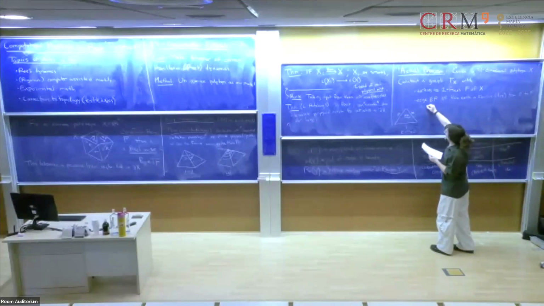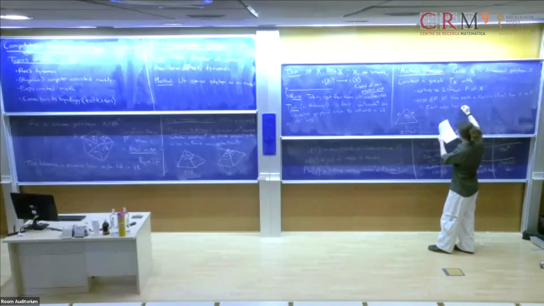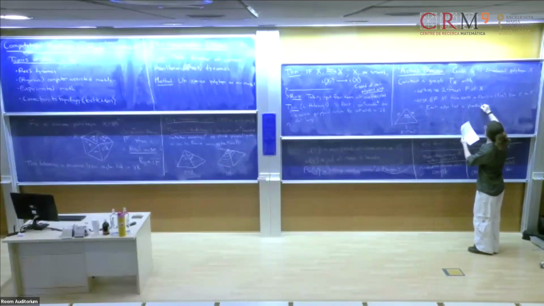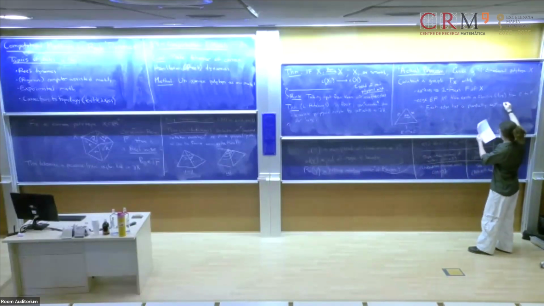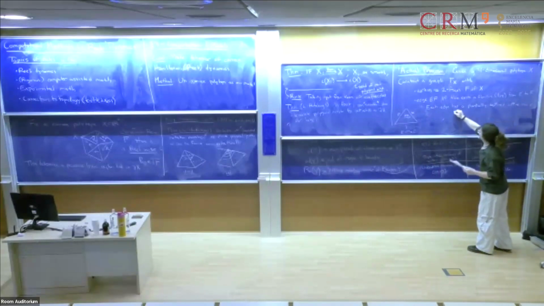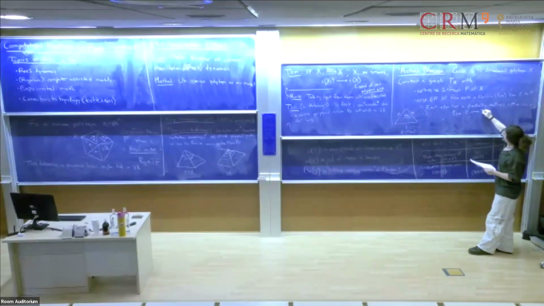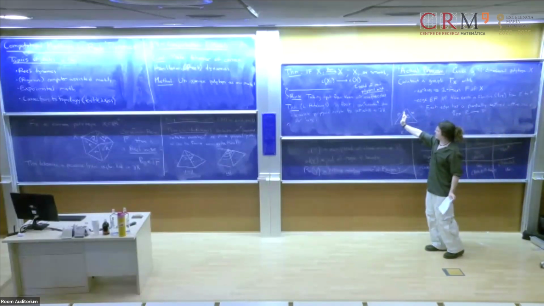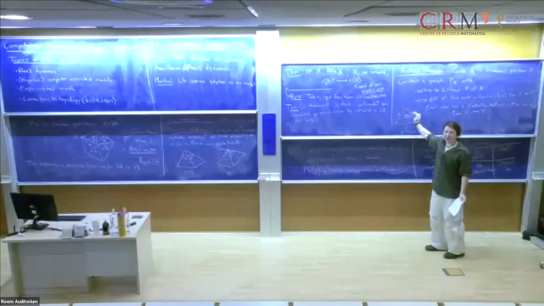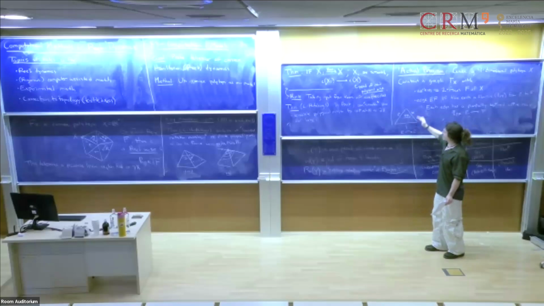Then each edge defines a partially defined affine map from the face E to the face F, and it's just by taking the face E and flowing it to F. Of course, if I take this face E and flow it to F, not all of it is going to reach F. Some of it is going to go to some other face.